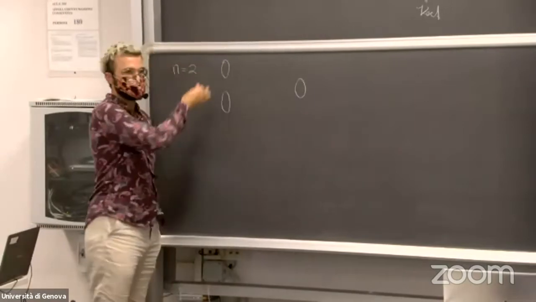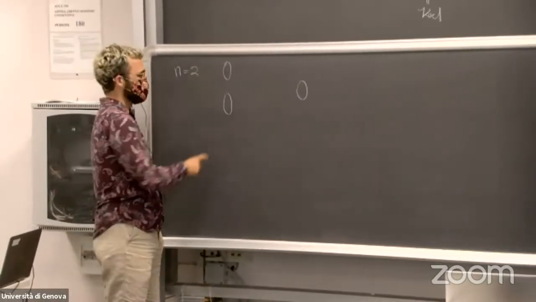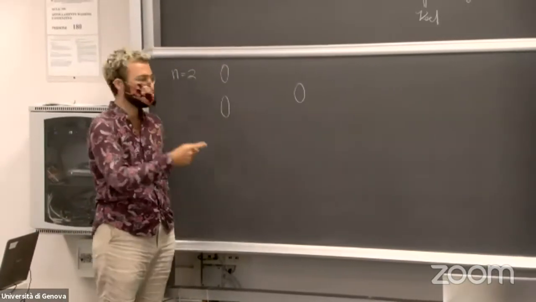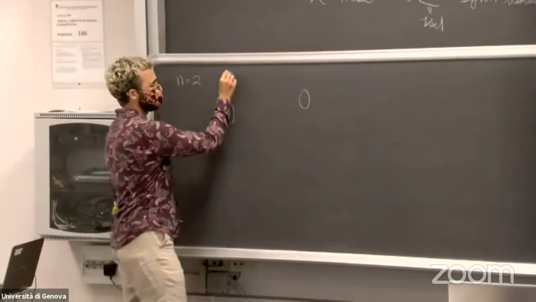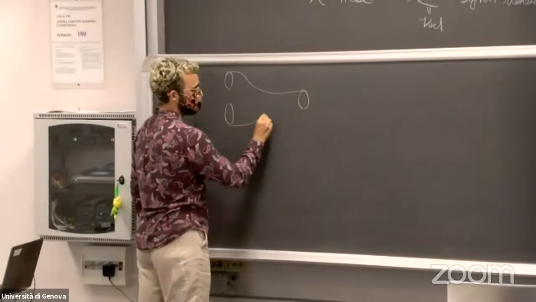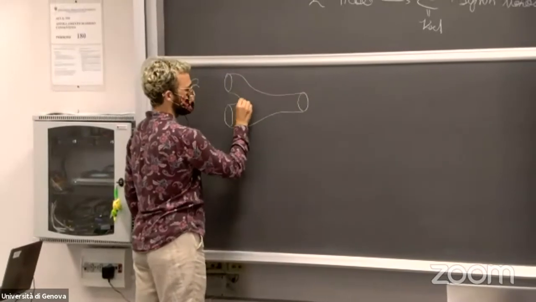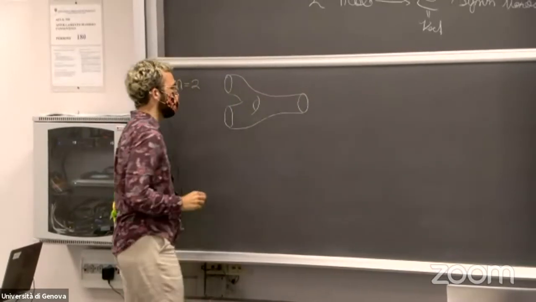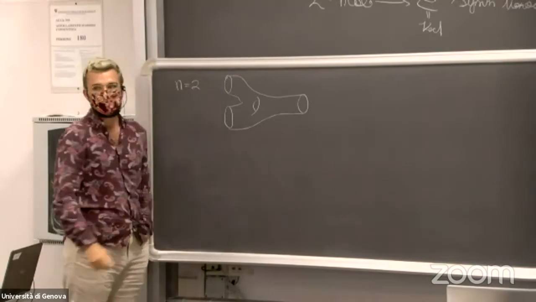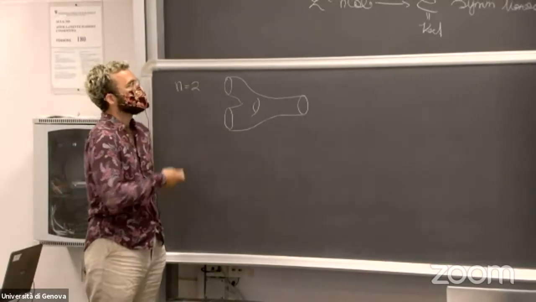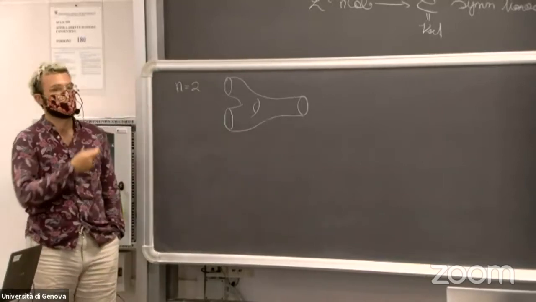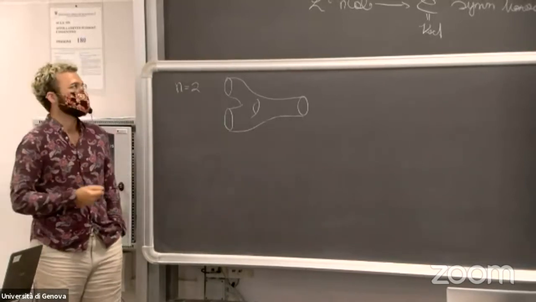So these are just disjoint unit circles. And if I have an object here and an object here, the arrows I can build are just cobordisms between these. And since we're dealing with n equals 2, these are two-dimensional surfaces. I mean, to be precise, this n-cobordism category often has variations.